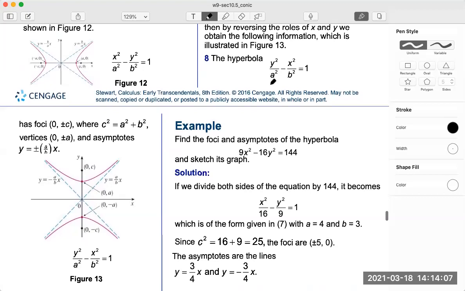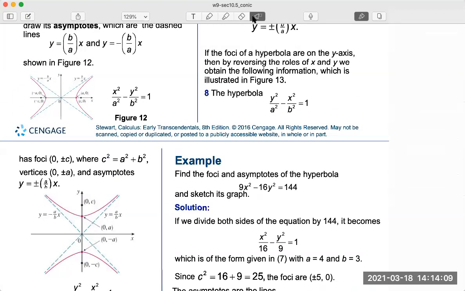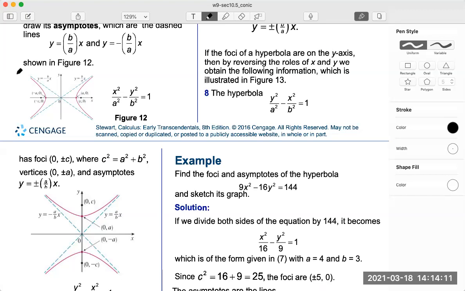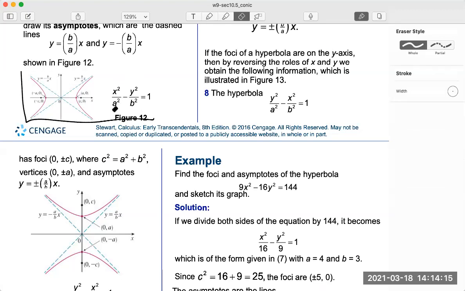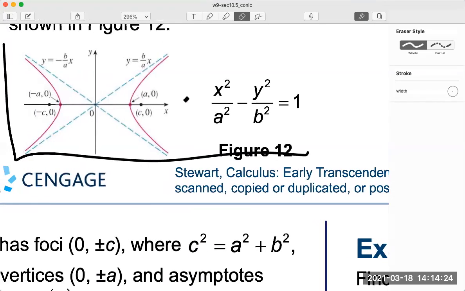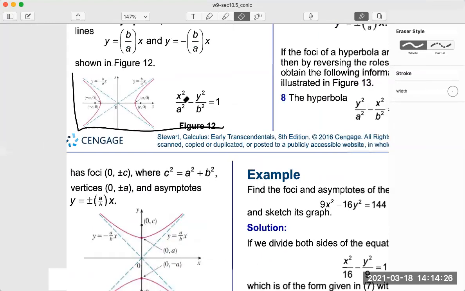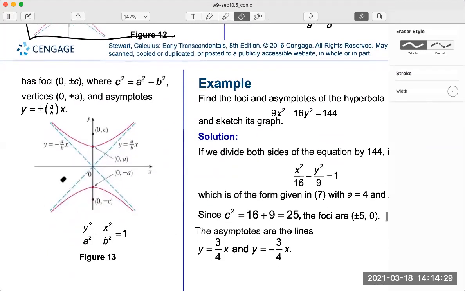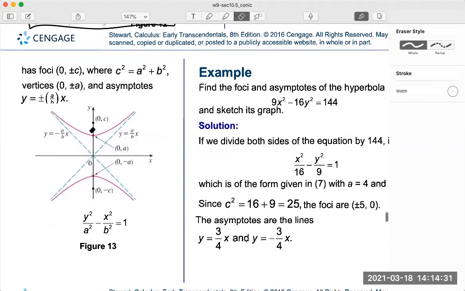Okay, again, this is the graph of x squared over a squared minus y squared over b squared equals 1. And the foci will be at negative a, 0 and a, 0. And the hyperbola here has a different notation. It is y squared over a squared subtract x squared over b squared.